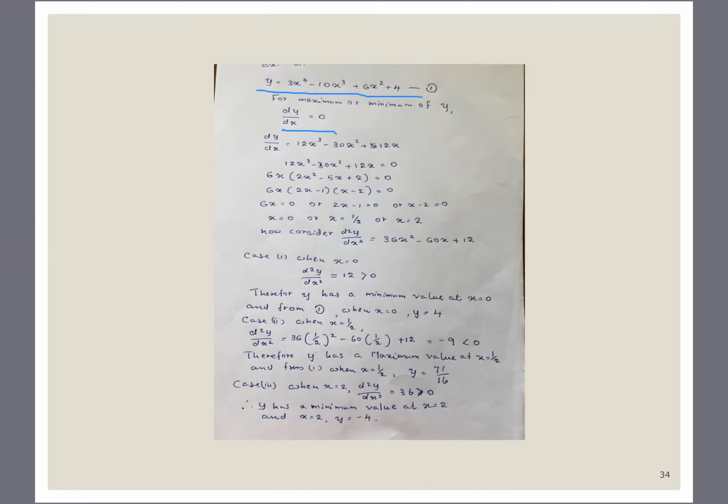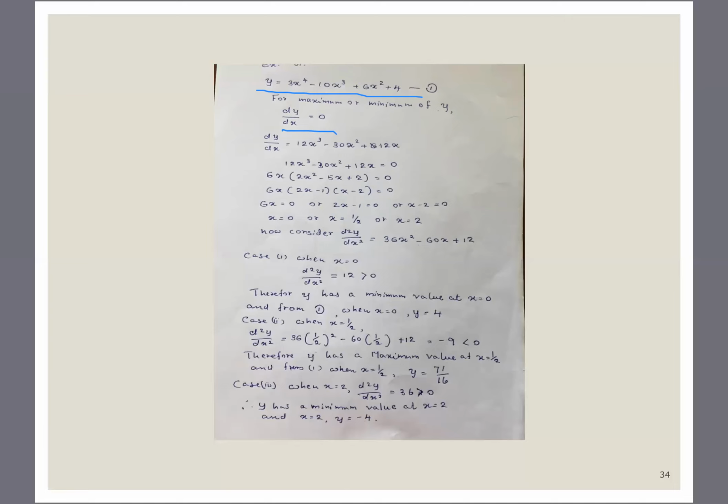And then we have three answers for x. 6x equal to 0, 2x minus 1 equal to 0, and x minus 2 equal to 0. Through those equations, we can get x equal to 0, because 6x equal to 0 means x equal to 0. And 2x minus 1 equal to 0 means x equal to half.